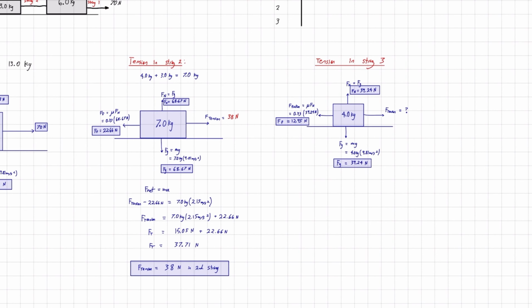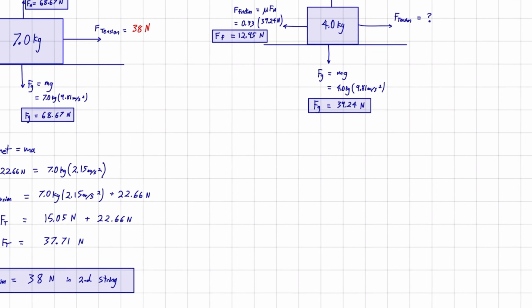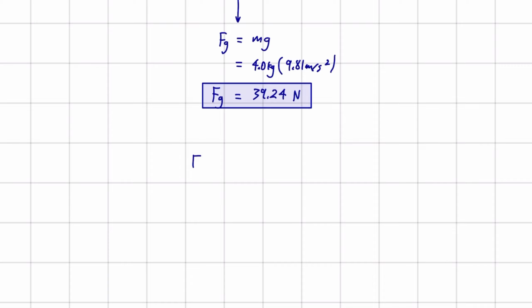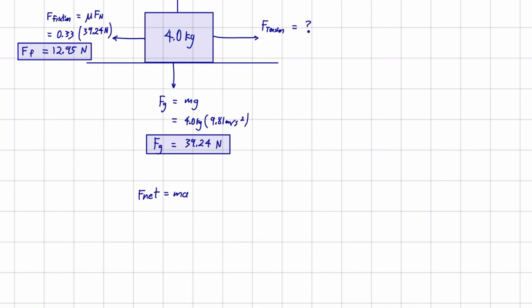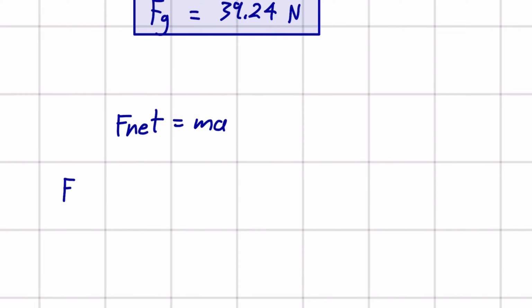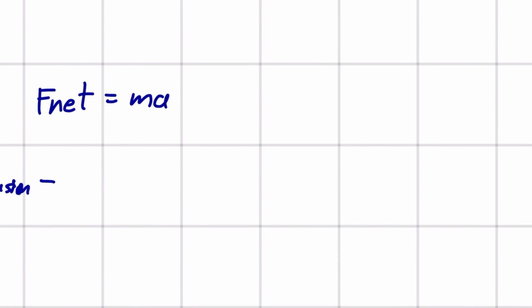And this step here is going to be exactly the same as our last one, where we're going to write out our F net equals ma equation. We know m, we know a, and then our F net, we just have a single unknown. So again, our F tension, that's in the positive direction. So F tension minus 12.95 newtons is equal to our mass.